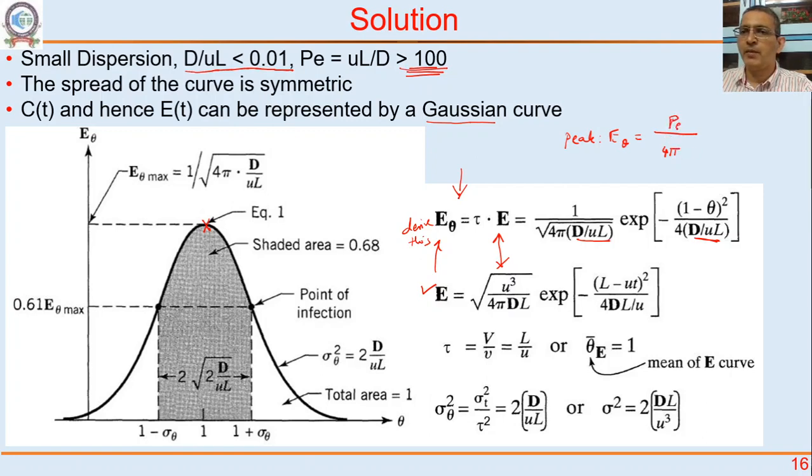It will be square root of Peclet number divided by 4 pi. And the spread is related to the dispersion coefficient. Sigma theta square would be 2 d by uL, or sigma square would be 2 dL by u cube. These are the things that we would be requiring now.